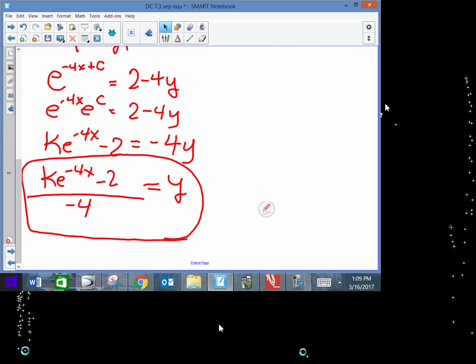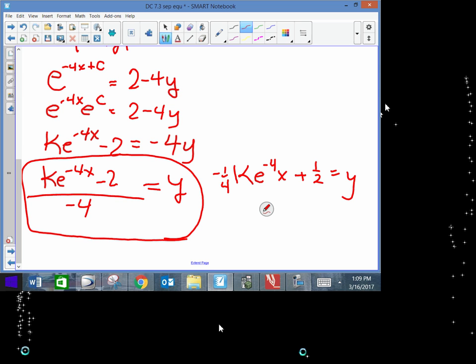This, you might see like this, you separated it out. I mean, there's no need to, but you might see it like that. Put in a negative 4. This is totally right. And I would certainly leave it like that if you were ever going to find k. Did you lose the negative 1/4?